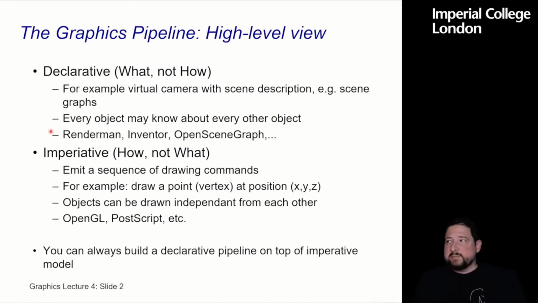In a declarative pipeline, you would say what to render, not necessarily how. And you would always build a declarative pipeline on top of an imperative pipeline. So bits and pieces of your objects in a declarative pipeline know how to render themselves with an imperative pipeline. In an imperative pipeline, you really know how to render and not necessarily what.